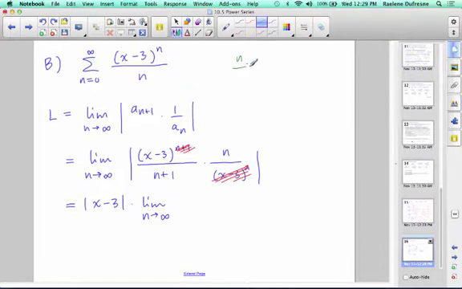But recall that the absolute value of n over n plus 1 is unnecessary because n over n plus 1 is always positive for n greater than or equal to 0. So I should say positive or equal to 0 because at the first n value, this fraction is 0.